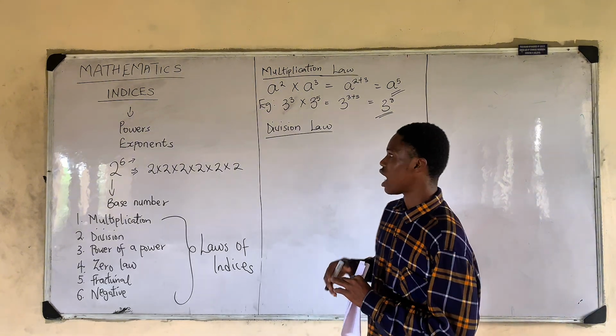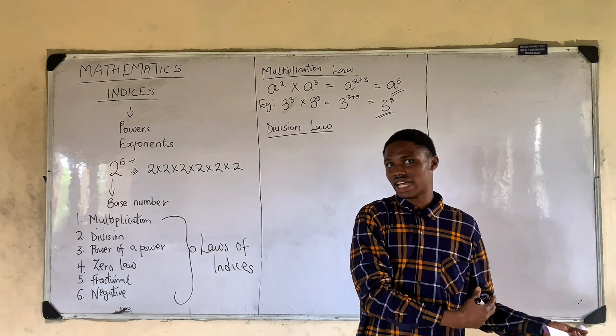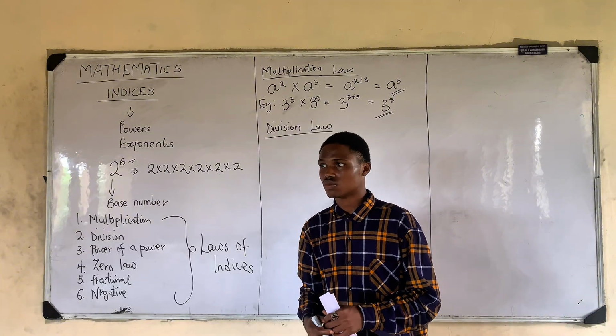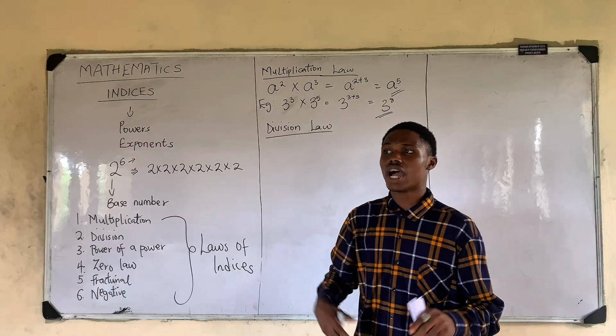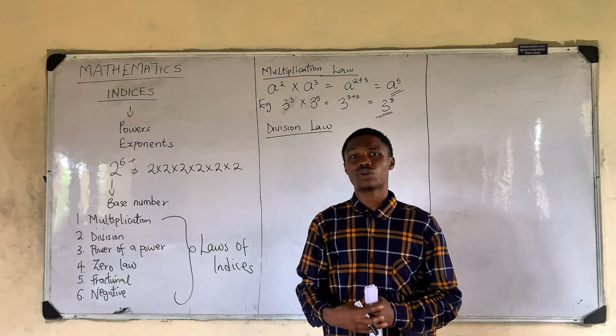So if you have an indices dividing another indices, what are we going to do? If you have two indices dividing themselves, what are you going to do?